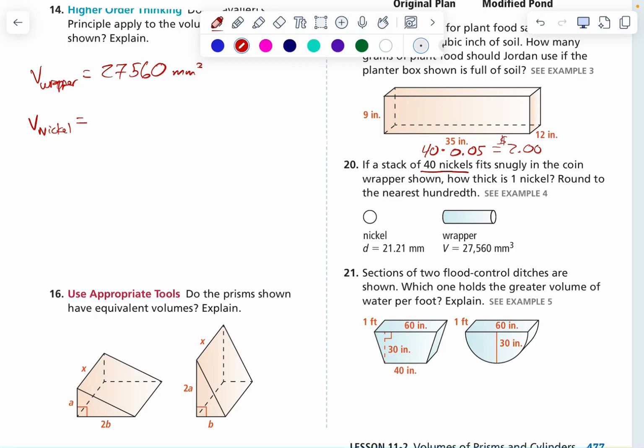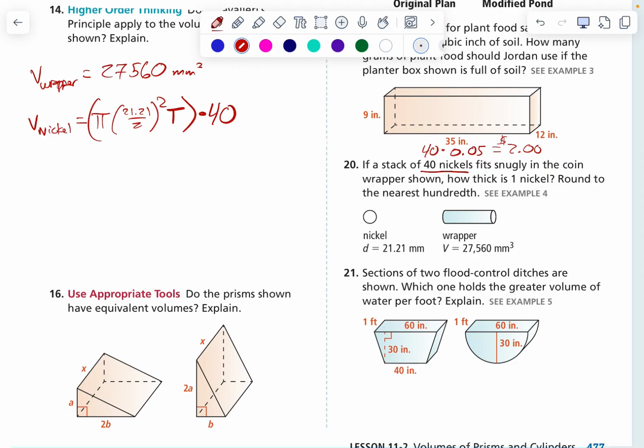Volume of the nickel is pi times 21.21 over 2 squared times the thickness is what it calls it, which in our formula is the height. Can we agree to call it T for thickness, maybe, just to keep it related to the problem? Okay. And then there are 40 in there times 40 of those. So basically those two are equal once you fit them in there real snugly.